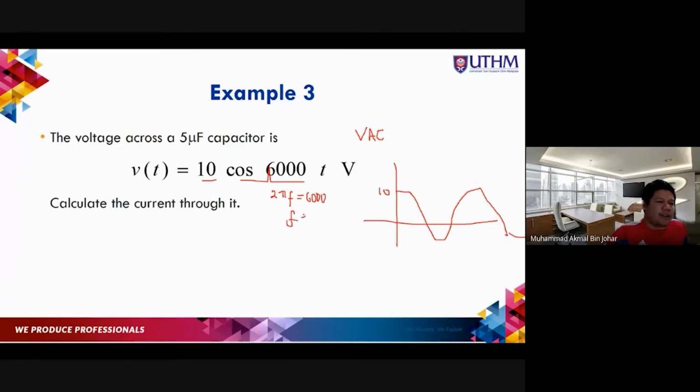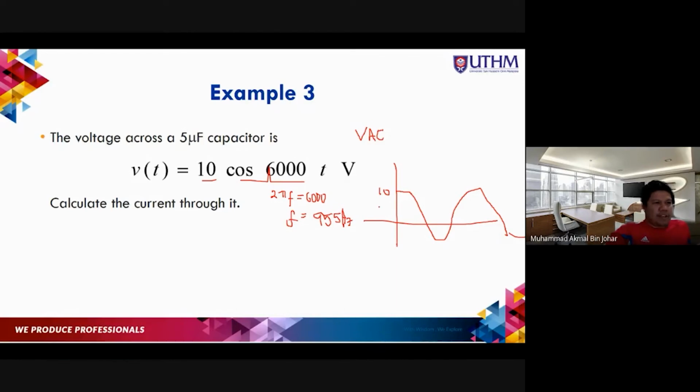So F you will get the value of the frequency, 6000 divided by 2 pi, so you have around 954 Hertz, 955 Hertz of frequency. Okay, you have 955 Hertz.